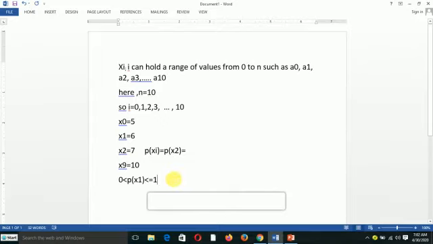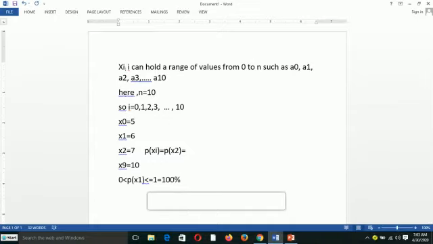It means this is 100%. So the probability range must be between 0 and 1. For example, the probability of having a value 5 in x0 must be less than or equal to 1 and greater than 0.